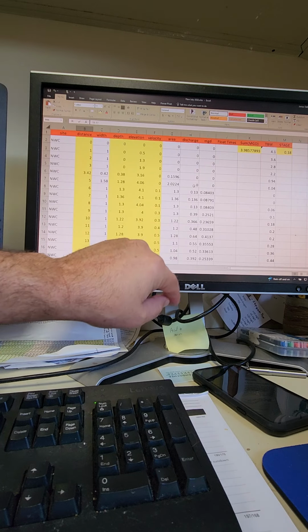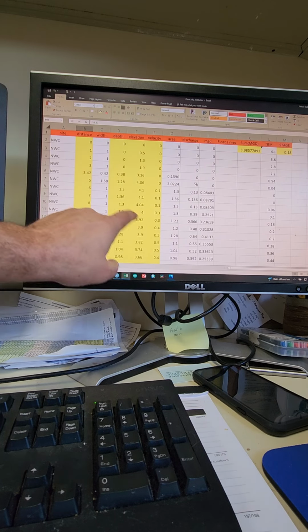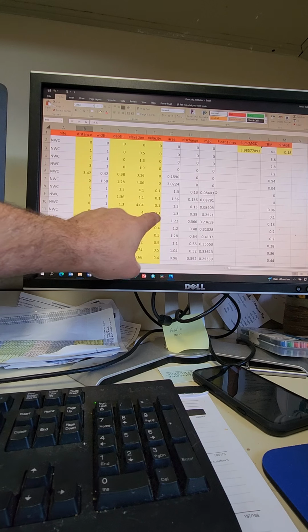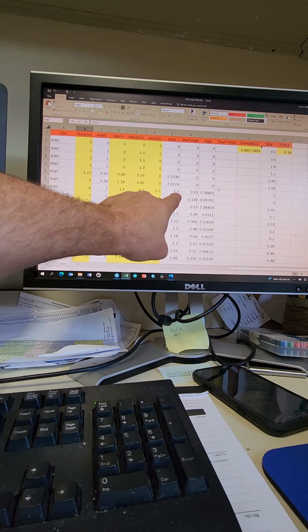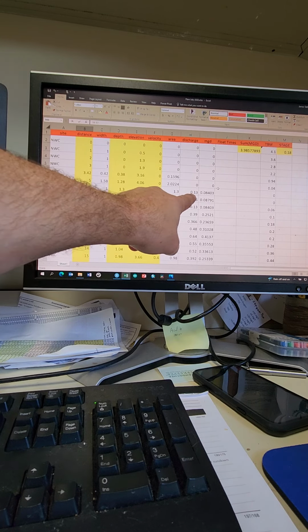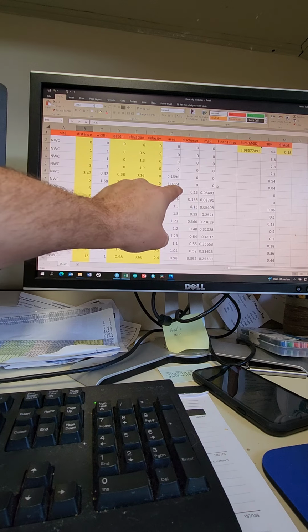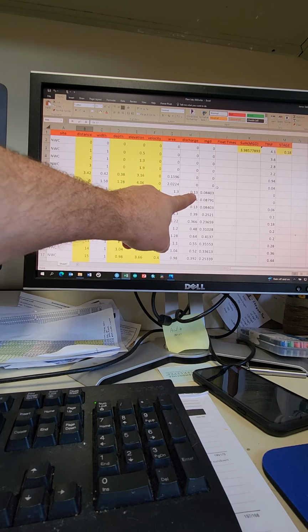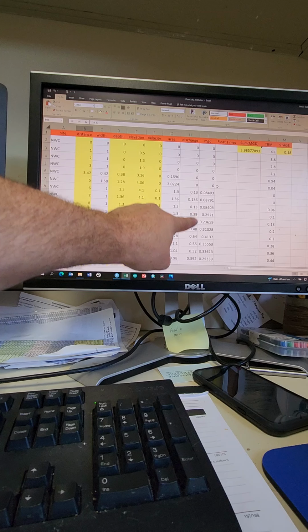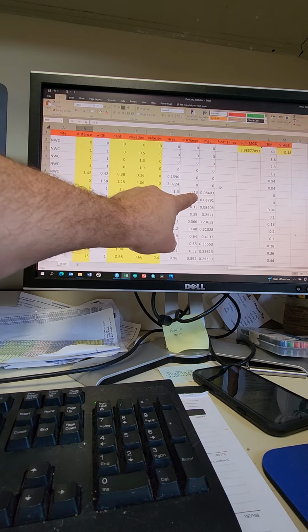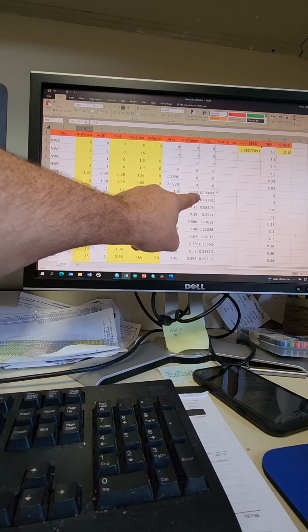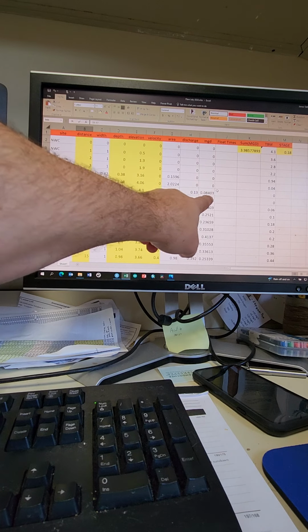And then area times velocity is discharge, how much water is going through it. Discharge is in cubic feet per second.